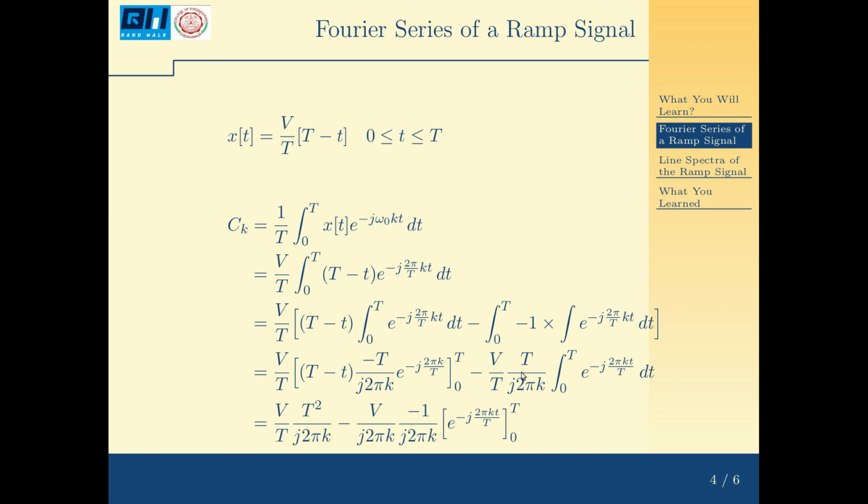So minus T by j 2 pi k into minus 1 becomes plus T by j 2 pi k, integral from 0 to T of e raised to minus j 2 pi k t by capital T dt.